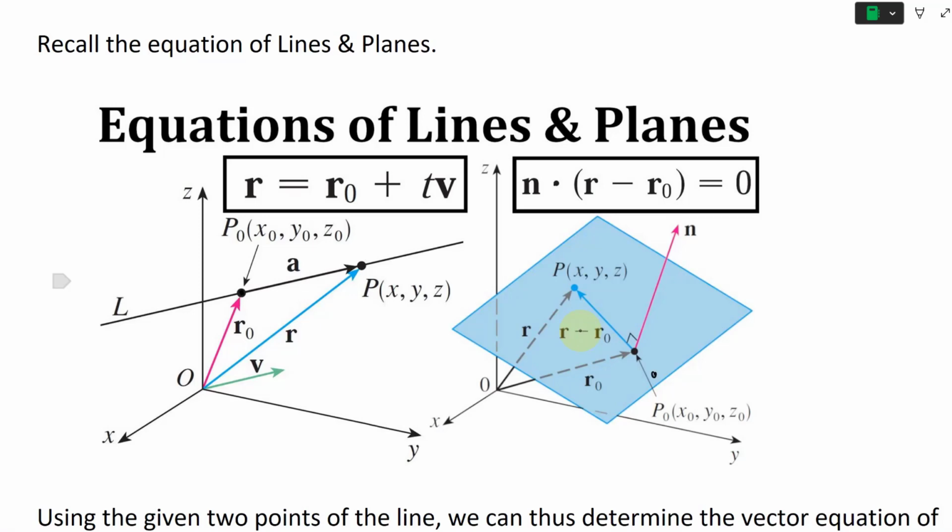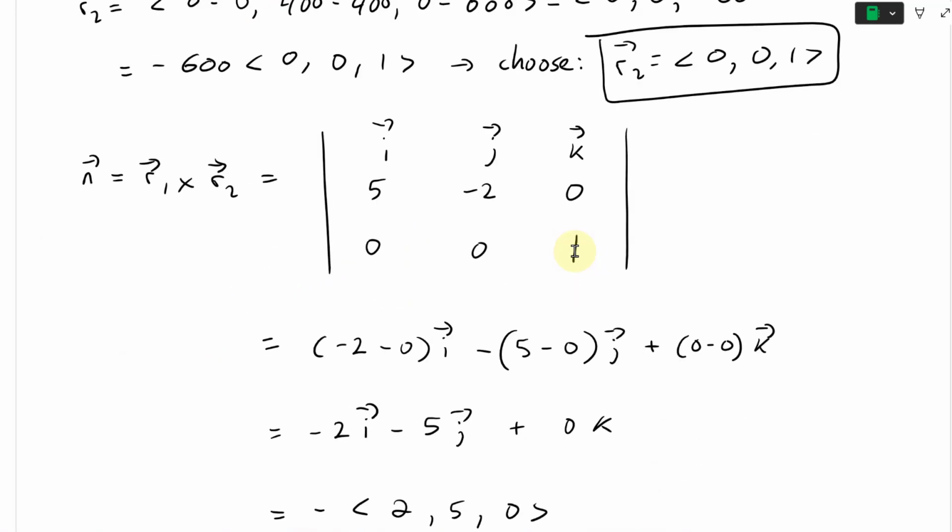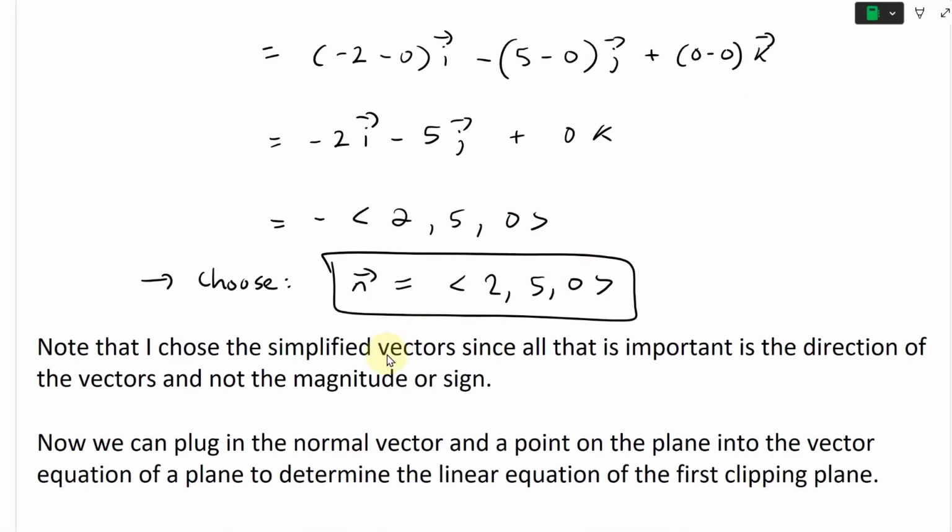It could even be on the negative side, so the signs don't matter. And this normal vector is just a normal vector. It could even be on the bottom side, and it could be long or small. It does not matter what size it is or which direction, because it will still give you the plane. The dot product will just equal 0. It doesn't matter what the magnitude is, hence why we can just use the simplest version of it.